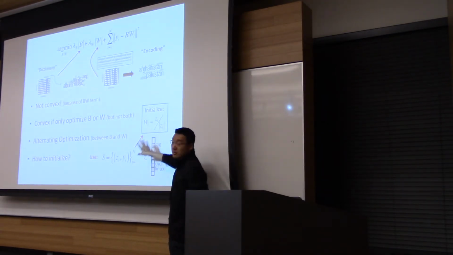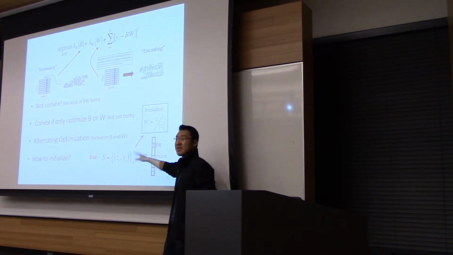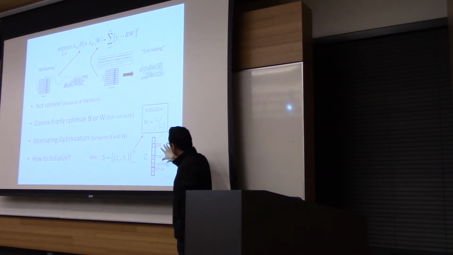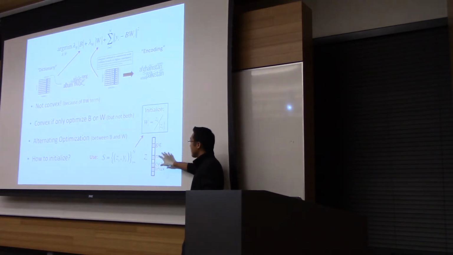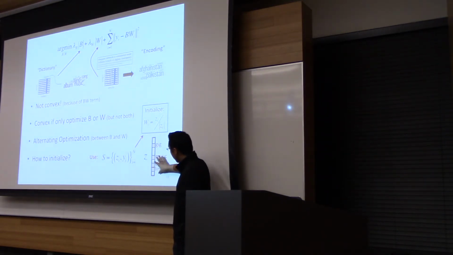If we initialize this randomly, it would just be a standard latent factor model. What makes each of the dimensions in the latent representation meaningful is the fact that we initialize in this way using the badges.